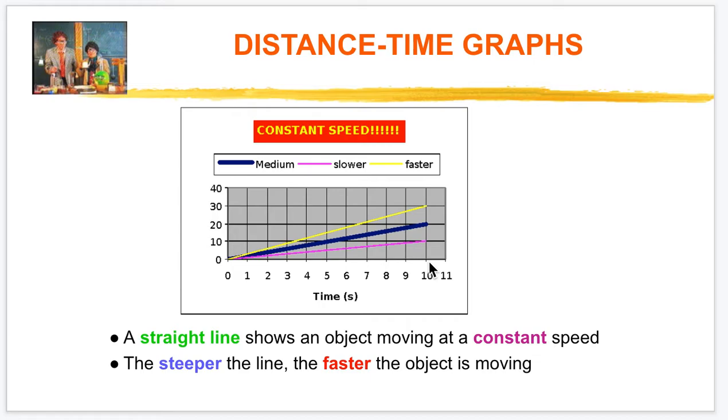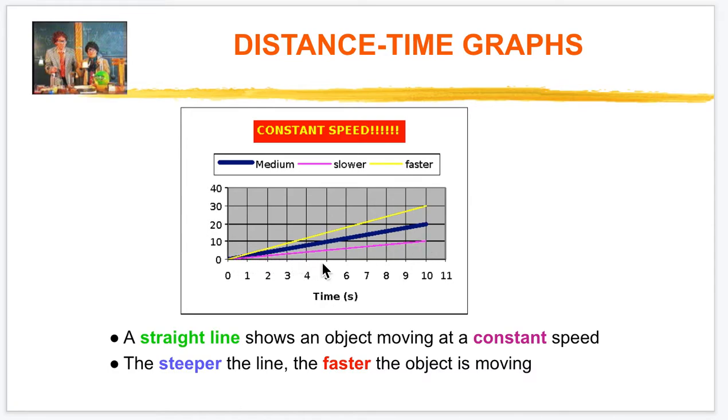So if you're confused on which one's going the fastest, read it and figure out where they're at. So our pink one, in 10 seconds, they went 10, and it's not labeled, we'll say feet. 10 seconds, they went 10 feet. So they went maybe 1 foot per second.